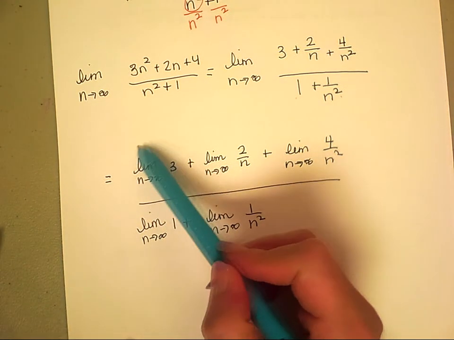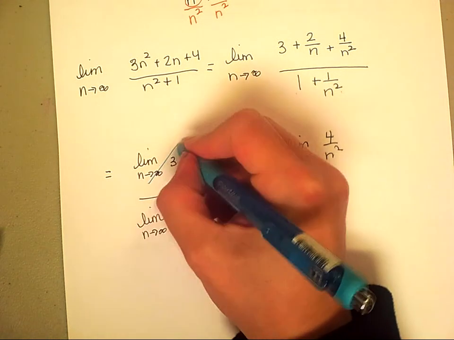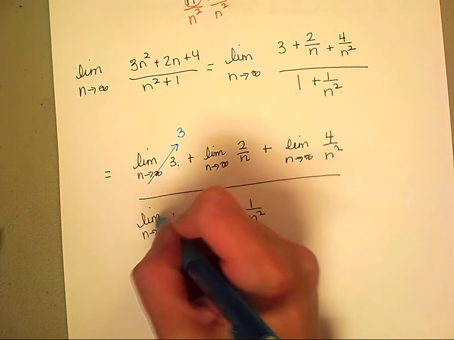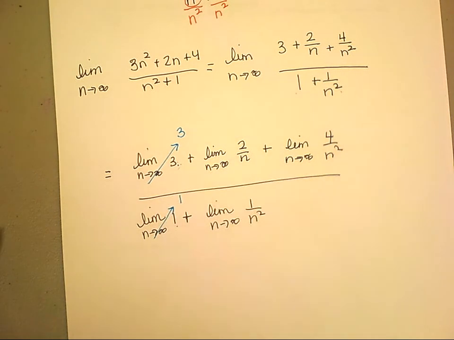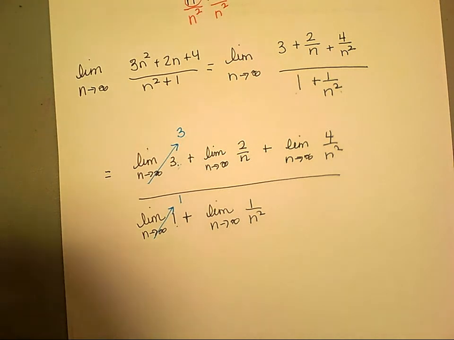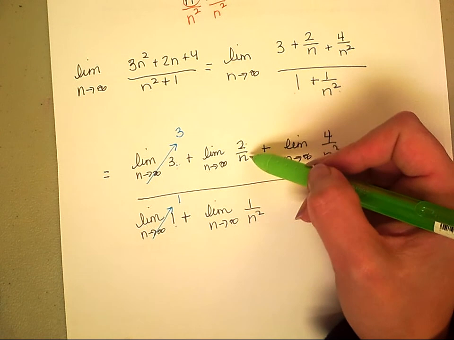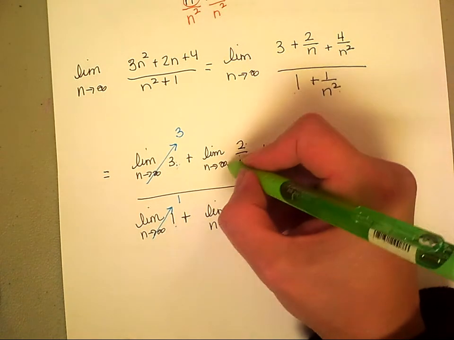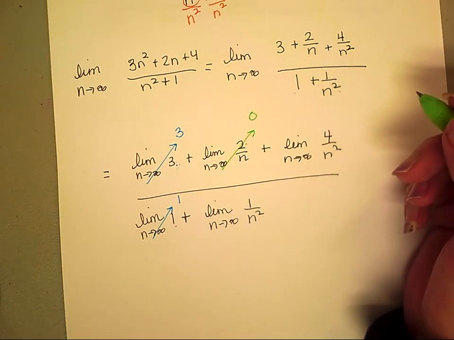Well, the limit as n goes to infinity of 3, there is no n, so this has to just stay at 3. Similarly down here, there is no n. The limit as n goes to infinity of 1 is just 1. Now here, this is the same thing as 2 times 1 over n, but the limit of 1 over n goes to 0, and 2 times 0 is just 0.